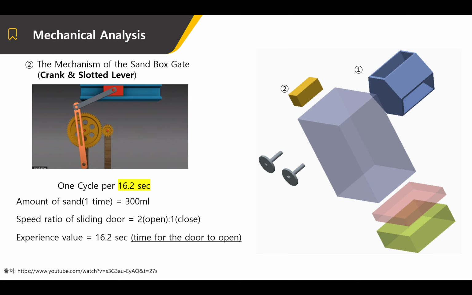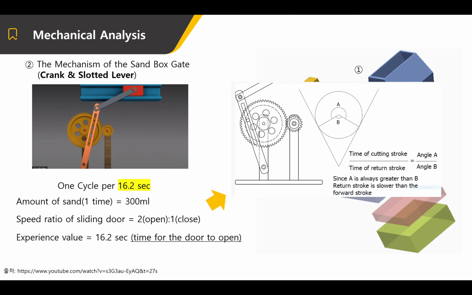The sandbox should fill the ashtray with 300 ml of sand once it is emptied, so we decided to use a crank and slotted lever. Its speed goes by a ratio of 2 to 1 when it is opened and closed.